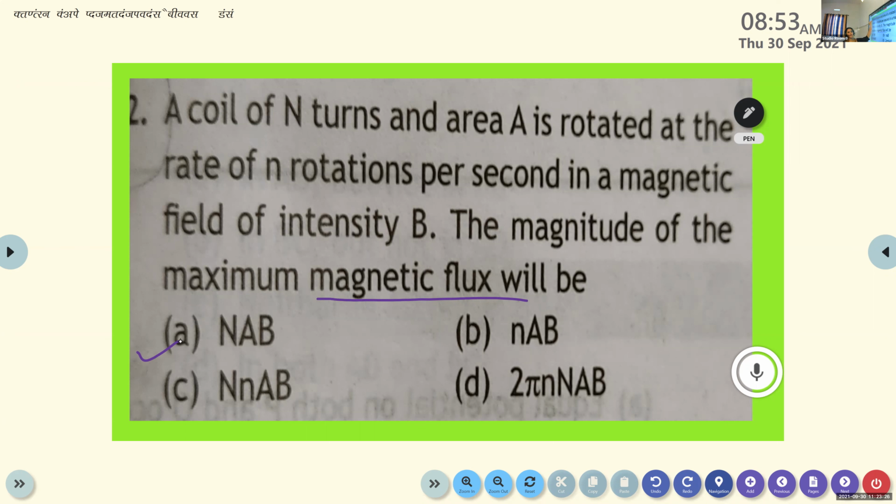They have provided the number of turns of the coil and the magnetic field intensity B. For the magnitude of the maximum magnetic flux, the angle between the area of the coil and the magnetic field is 0 degree. Cos 0 is equal to 1. So phi is equal to NAB or NBA. So option A is right.